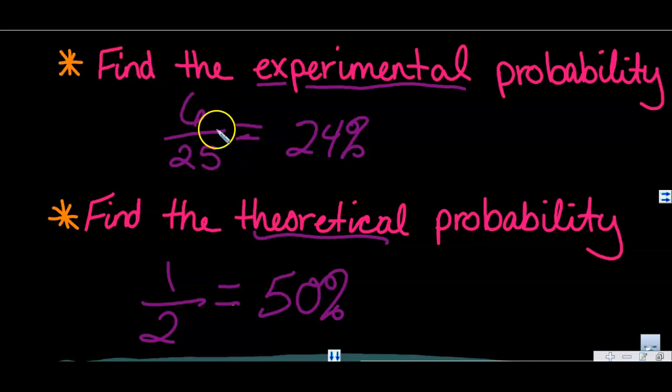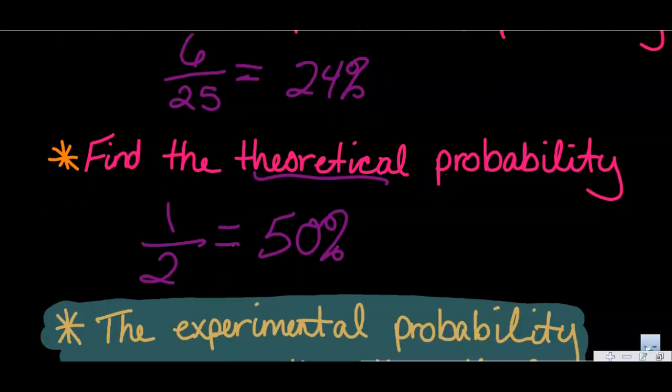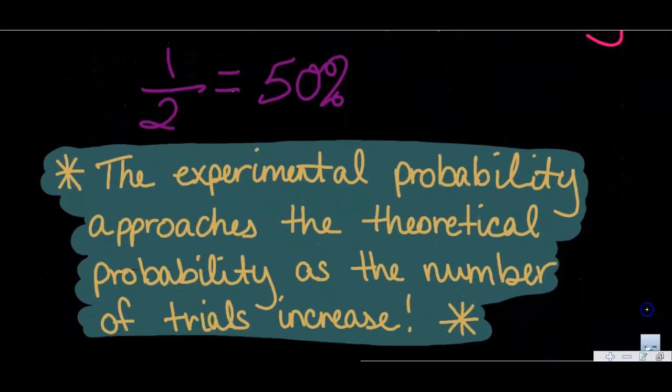Let's say we did this experiment even more. Maybe instead of flipping 25 times, we flipped 100 times, or even 1,000. What could we expect to see? Ideally, the experimental probability will start to approach the theoretical probability as we do more trials.